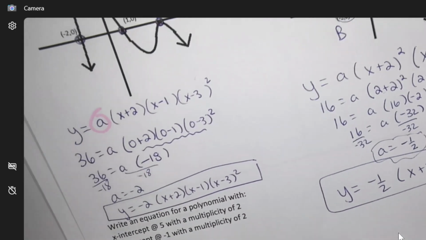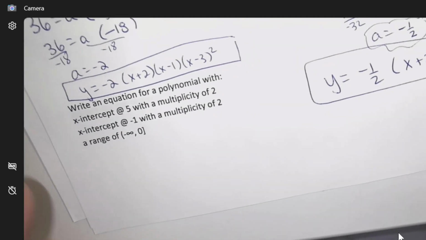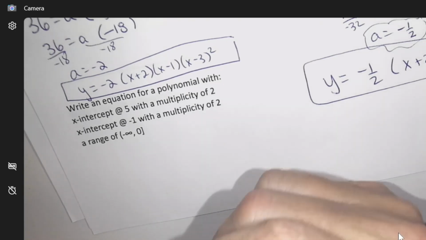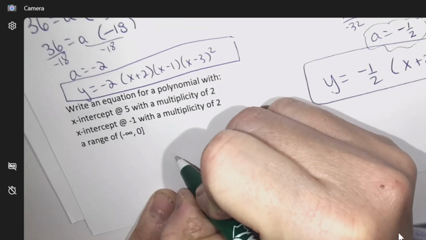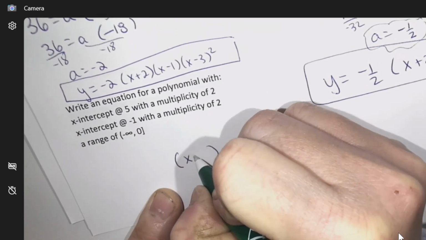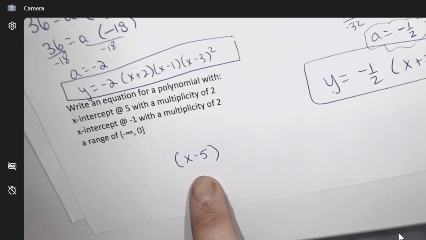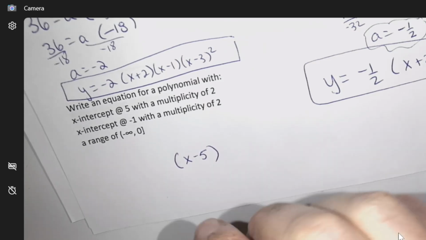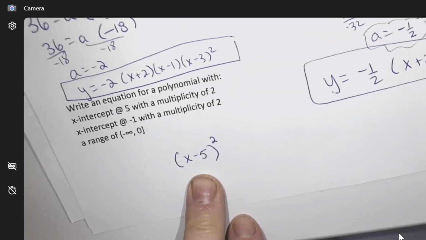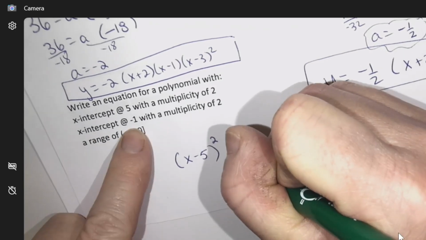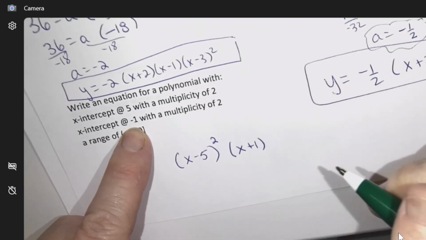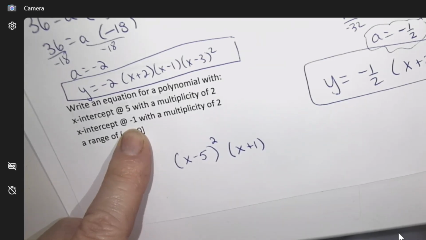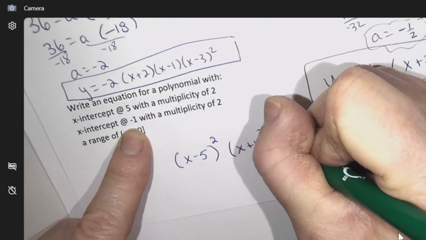All right, very last question. Write an equation for a polynomial with x-intercepts at 5. If your x-intercept is 5, there's your factor, with a multiplicity of 2. X-intercept at negative 1, so the factor is x plus 1, multiplicity of 2.